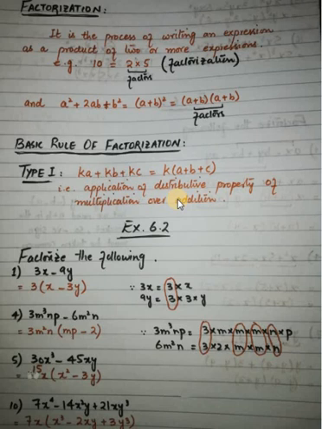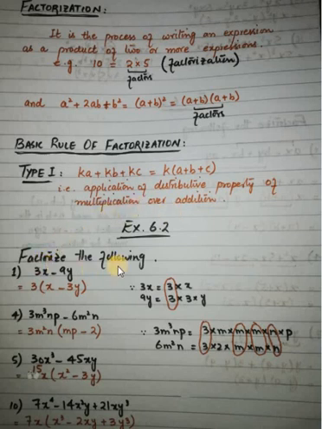So students, the basic rule of factorization is taking common if there exists any common factor in the terms. So when you start doing factorization by using any of the formulae, you have to check whether there is something common or not. Exercise 6.2 is related to type 1.